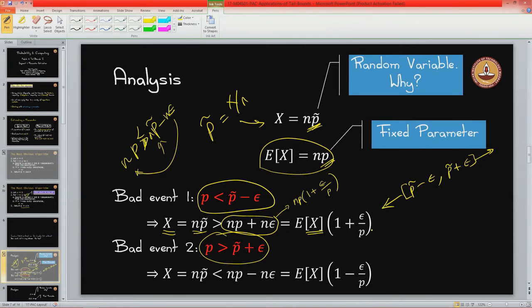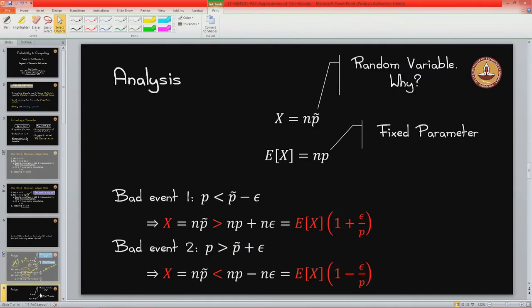So, this ultimately is your bad event written in the form that can be captured by Chernoff bounds: x greater than expectation of x times 1 plus epsilon by p. Remember, that is the way in which you want Chernoff bounds, x greater than 1 plus delta times mu. So, you notice that we have gotten exactly the form that we need.